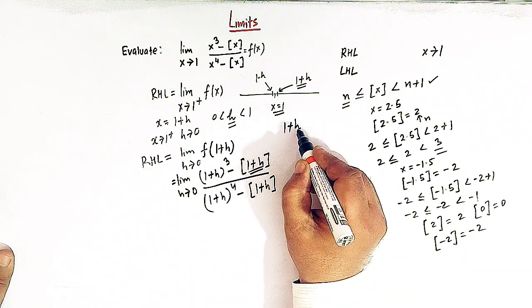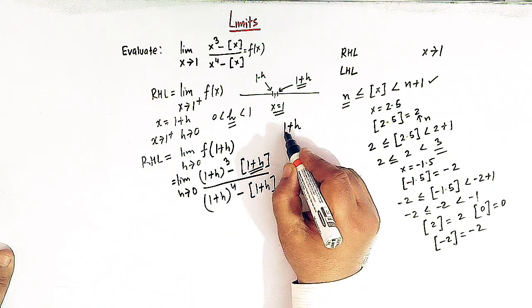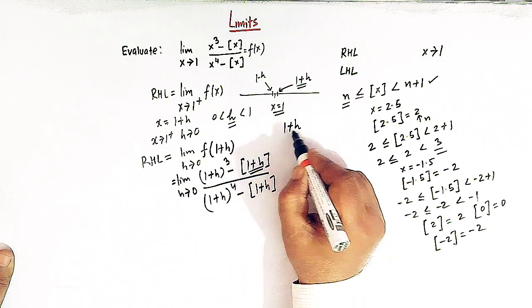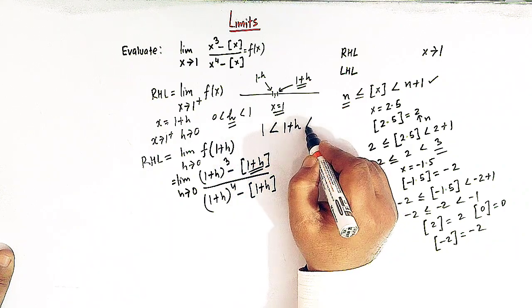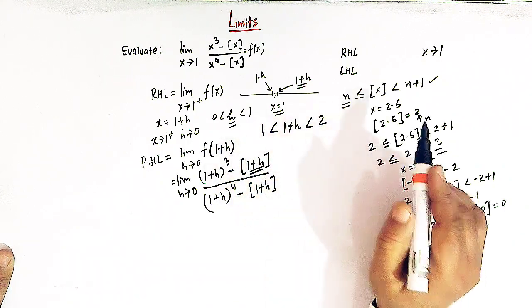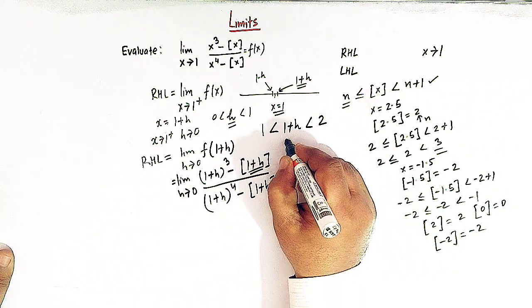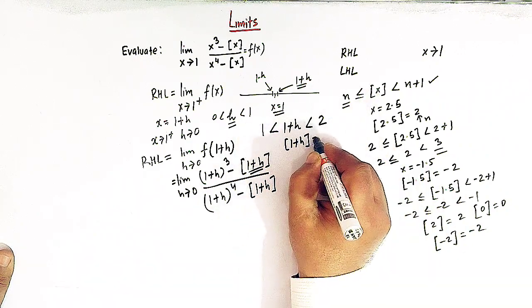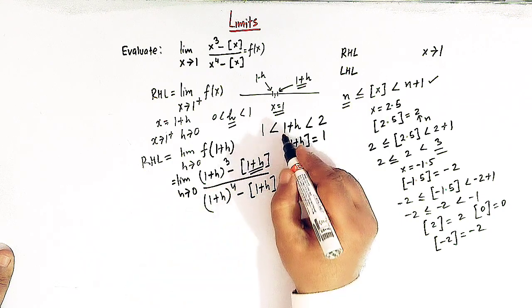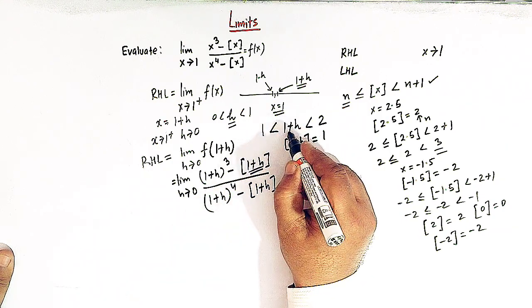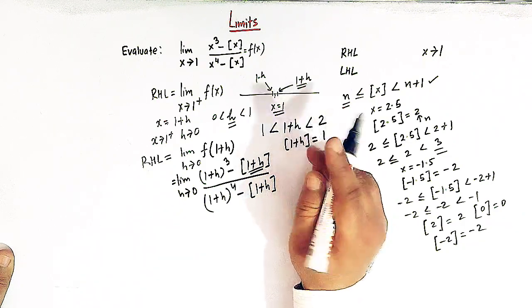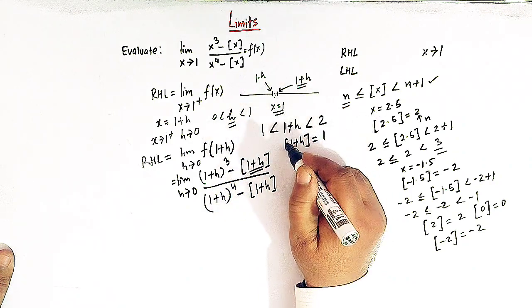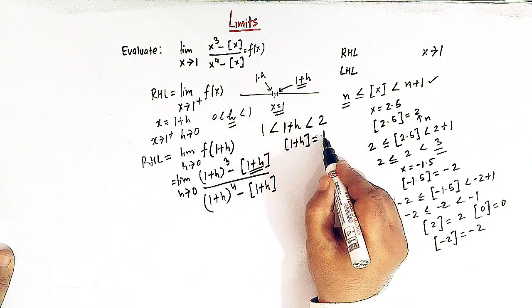When we add h to 1, the value of 1 plus h is slightly greater than 1, but it remains less than 2. So by the definition, the greatest integer of 1 plus h should be equal to 1, because 1 plus h lies between 1 and 2, and the greatest integer less than 1 plus h is 1.